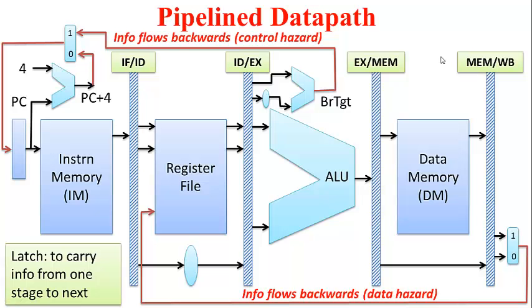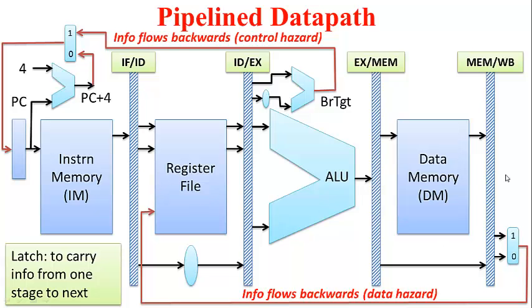We see in this data path that there are two significant places where information flows backward. The first instance is where the branch target potentially has to be written to the PC, and the second instance is where the result of some computation or the result of memory reading has to be written onto the register file.